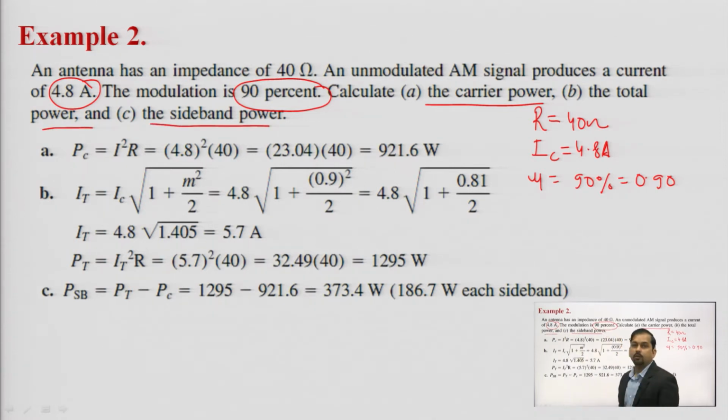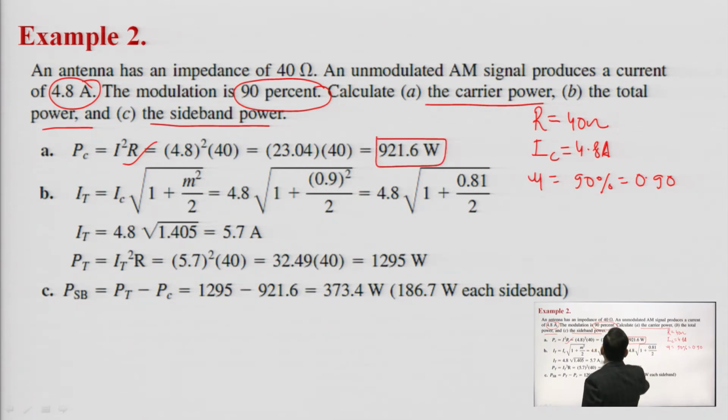First we will calculate the carrier power, which is quite easy. PC equals I square R. I is 4.8, squared and multiplied by R, which gives 921.6 watt. Now with the help of this carrier current IC, we calculate the total transmitted current IT. We have seen a relationship in our last lecture: IT equals IC times the square root of 1 plus mu square by 2.